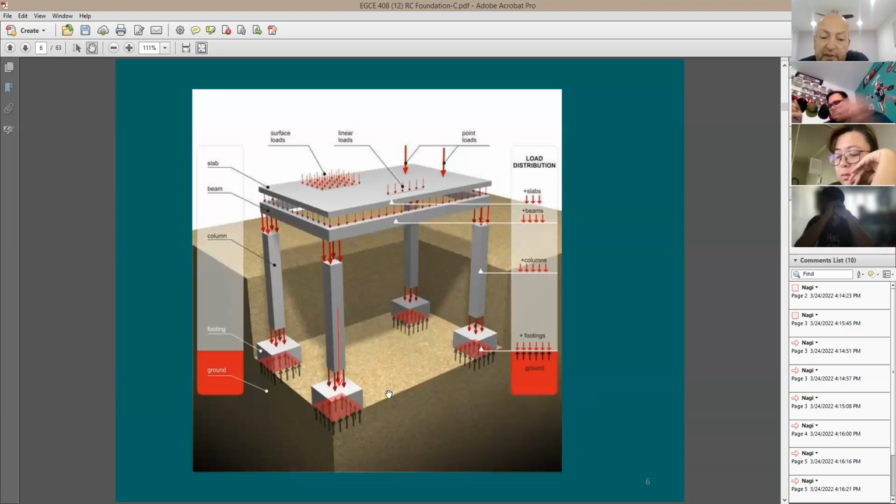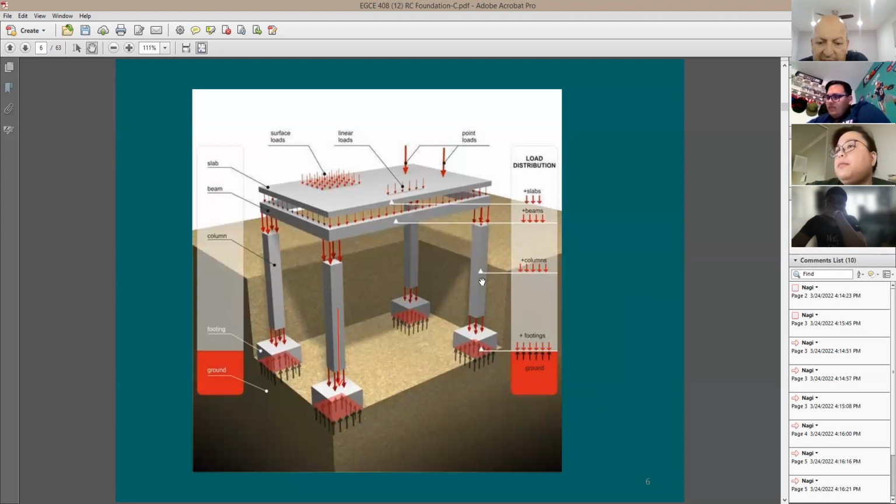Now, the soil and the concrete, any material, has an allowable value, the maximum value that it can support without collapsing. For concrete, we do a check on the column design, and we have done this before. If you guys remember, we have done the column design. We said, here's the capacity of the column in terms of kips, and here's the demand, and we need to be sure that we have capacity more than demand.